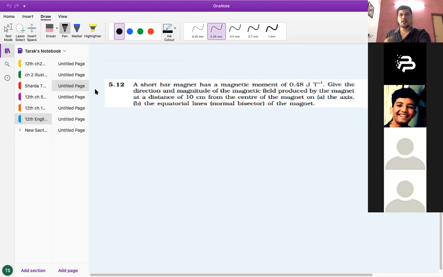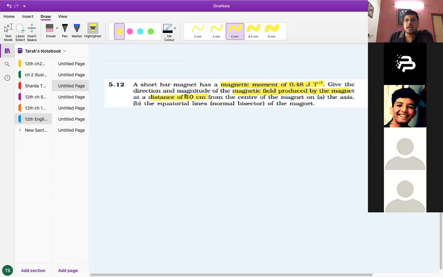Next one. A short bar magnet has a magnetic moment of 0.48 Joule per Tesla. It is the value of the magnetic dipole moment M. What is the direction and magnitude of the magnetic field produced by the magnet at a distance of 10 centimeter from the center, on the axis and on the equatorial line?